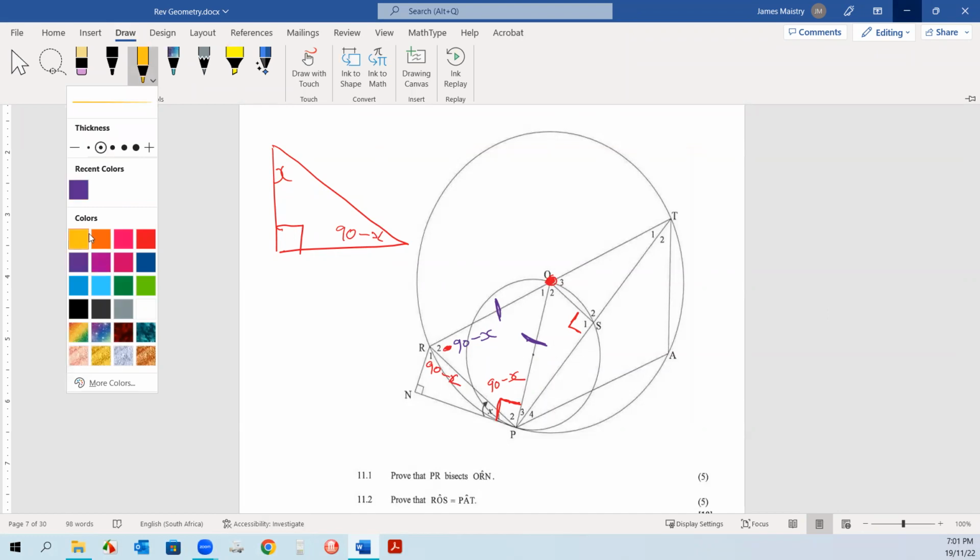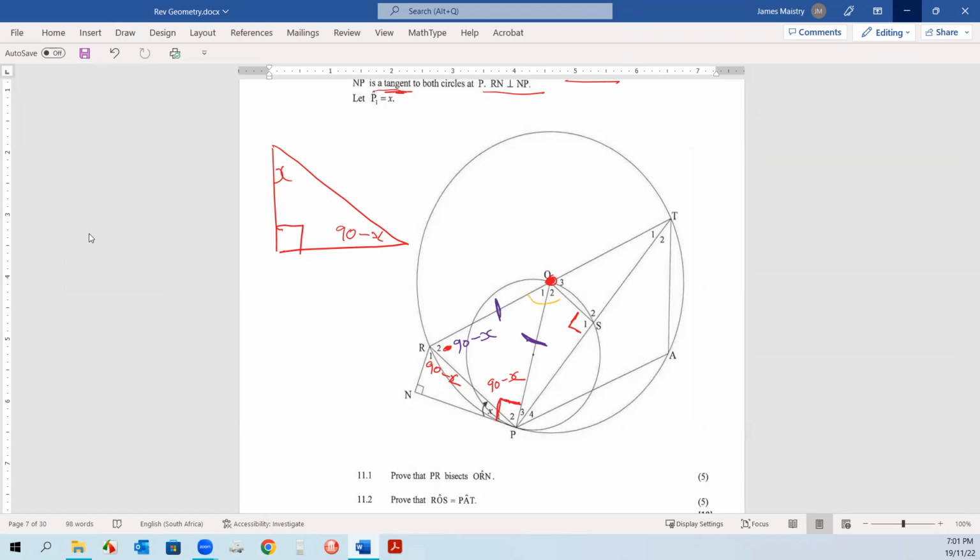They're telling us to prove that ROS, that's that angle, should be equal to PAT, P-A-T. So we're trying to prove that. They're not equal, but that's the way I'm going. All right, for 5 marks. That's a lot of marks. It means you've got to do a lot of thinking.